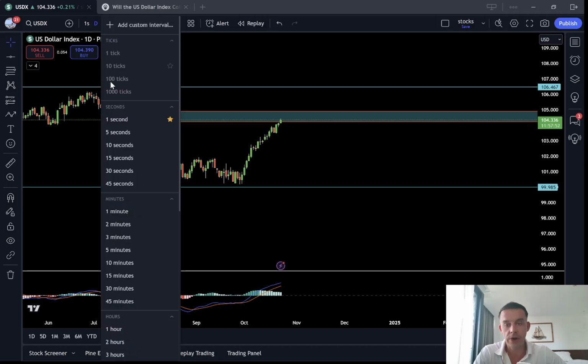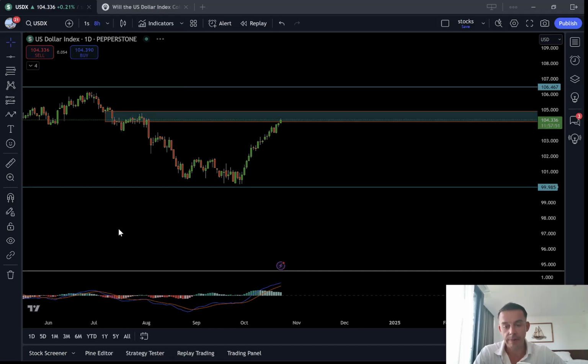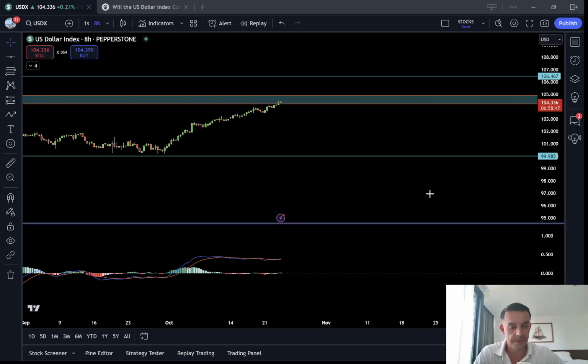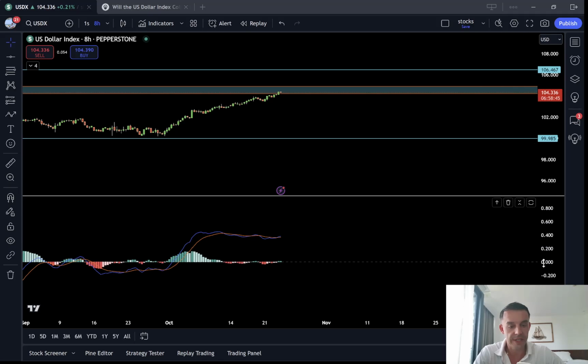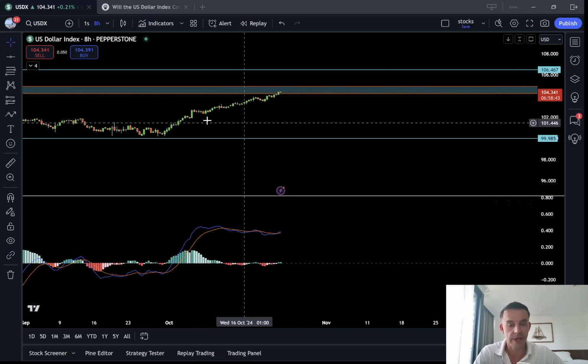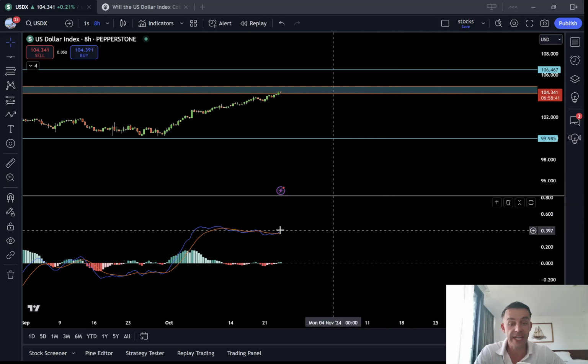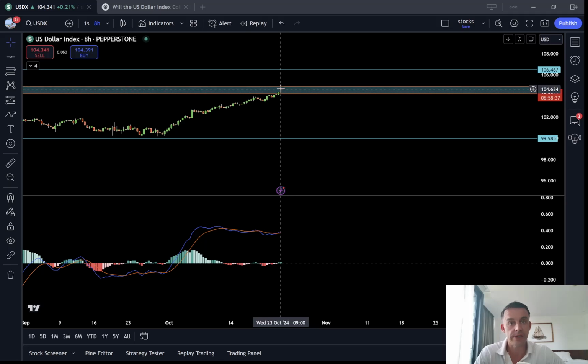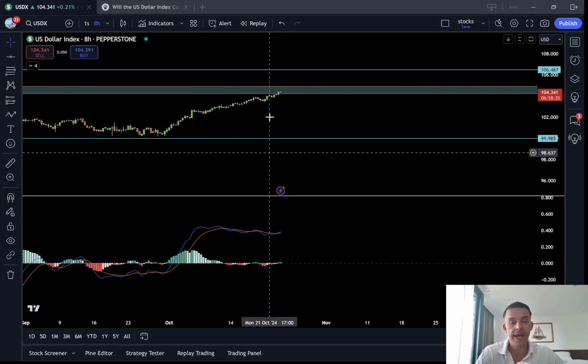If we look at the 4-hour chart, maybe even look at the 8-hour first, we can kind of see momentum starting to slow down. The reason we can tell is because the MACD is moving this way and the market is moving that way, so there's a divergence between momentum and price.